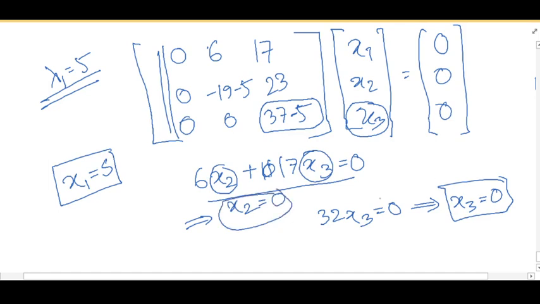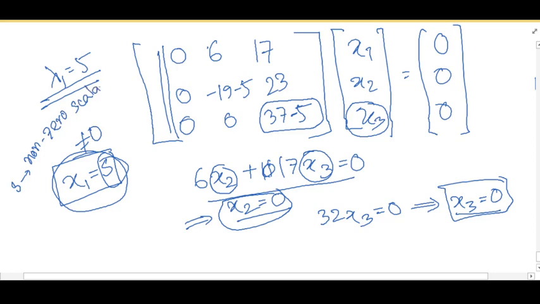You might ask me, okay sir, we are getting 0 values of variables, what will happen? Don't worry. Just because x2 equals 0 and x3 equals 0, but x1 is not equal to 0, we can use any value of x1 as s except 0. So s will be a non-zero scalar value, and you can use any value as s.